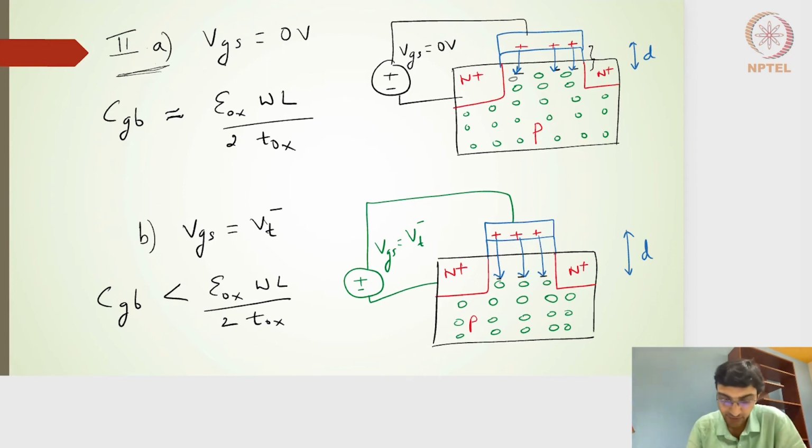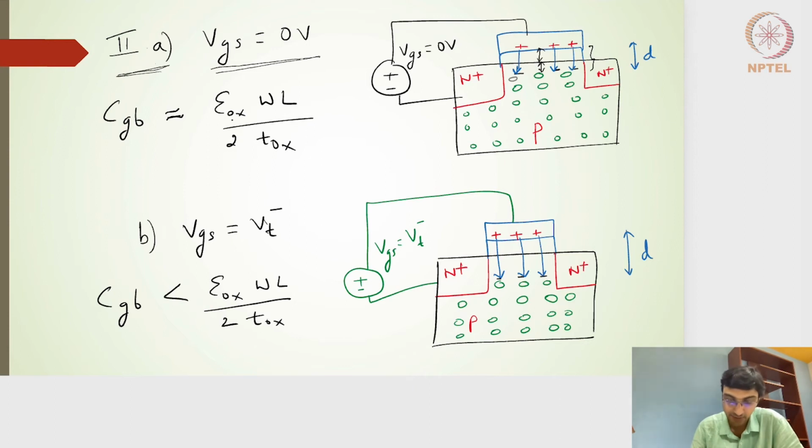Especially when VGS is equal to 0, it is approximated to be very similar to the thickness of the oxide, and thereby I will get the CGB value to be equal to C oxide, or C0, divided by 2.